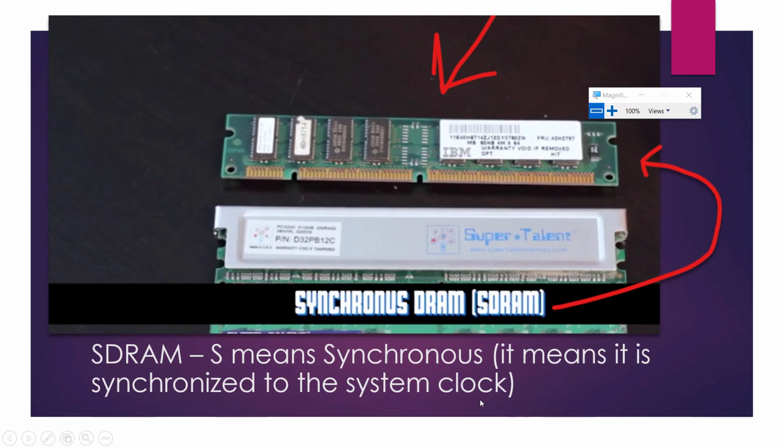The system clock and this are synchronized, which means the speed at which the processor processes, the RAM should also be updating its data to the processor at the same speed, right? The data from the RAM should be coming at the same speed with which the processor is running all the commands.